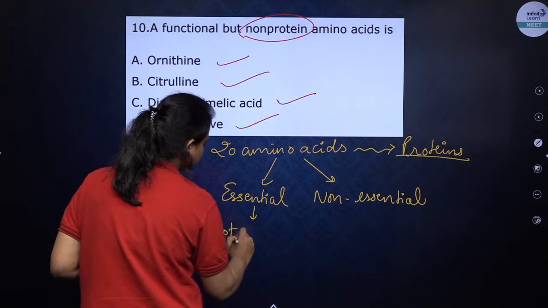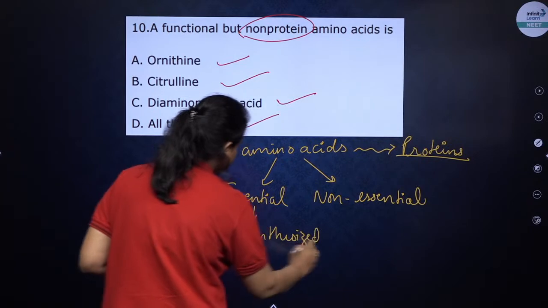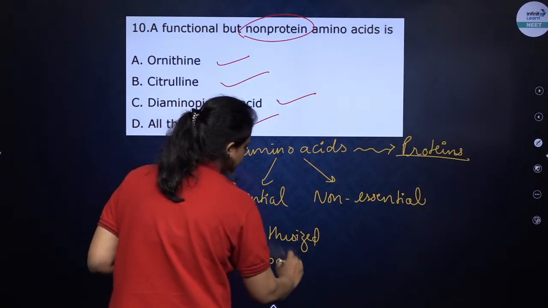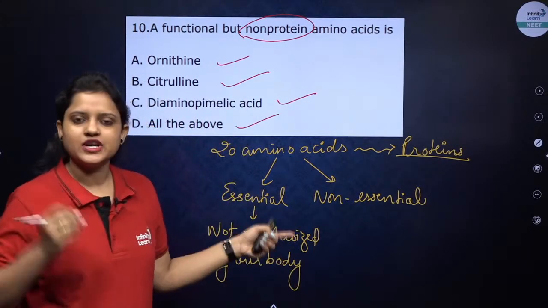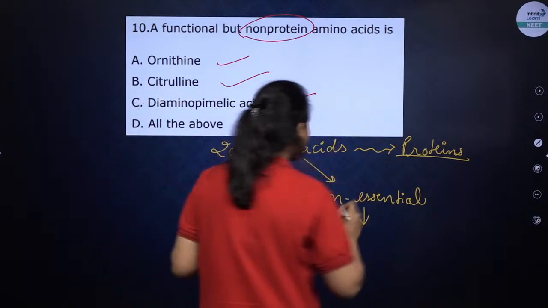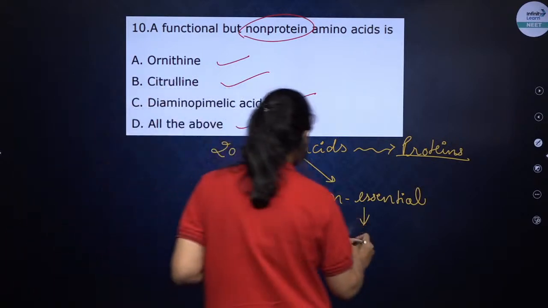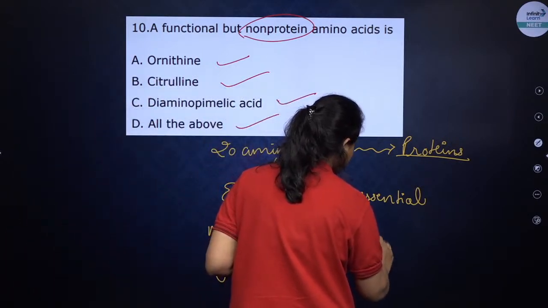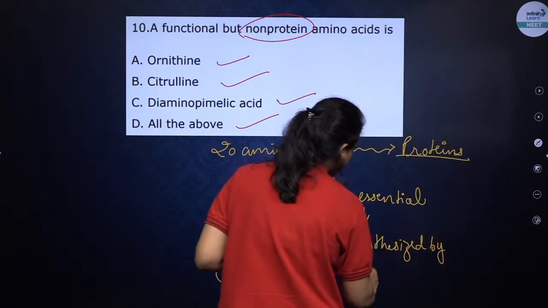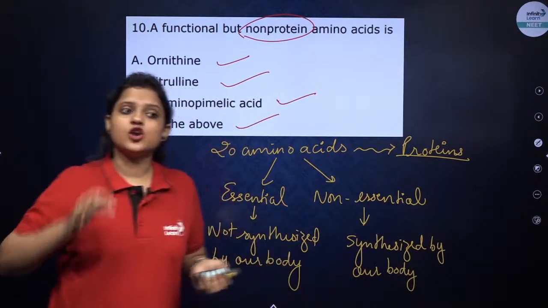They are not synthesized by our body. Now non-essential amino acids are not required from outside, right? We can synthesize these non-essential amino acids. So these are synthesized by our body. So that's why they are non-essential.